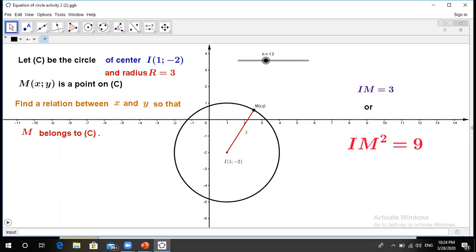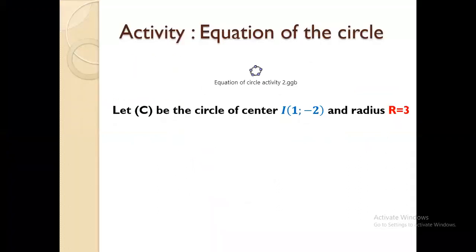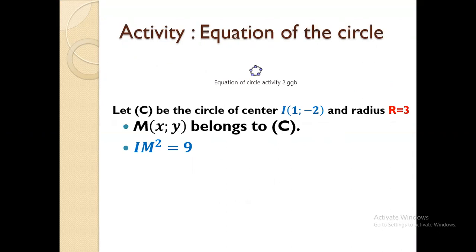So if M belongs to the circle, then IM squared is 9. But what is IM squared? It's (x minus 1) all squared plus (y plus 2) squared. This is the distance formula, but without the radical, since we are squaring IM, and that's equal to 9.